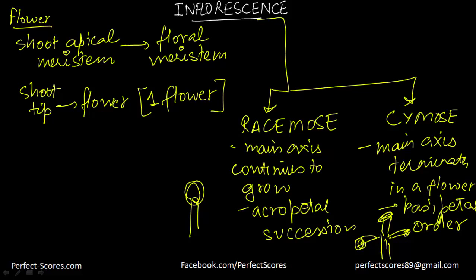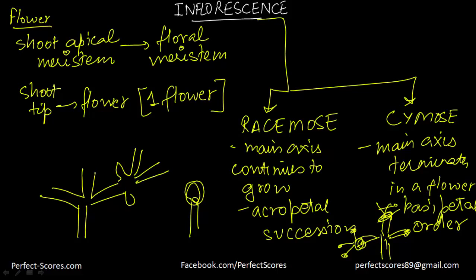And sometimes in cymose, from these also further three, you can get extensions, and then from this also like that. So if I draw a diagram over here, these three are the main stalks, and then you have those leaves over here, the stipules, and then they further develop into three further kinds, where you have a flower at this end and a flower at this end.